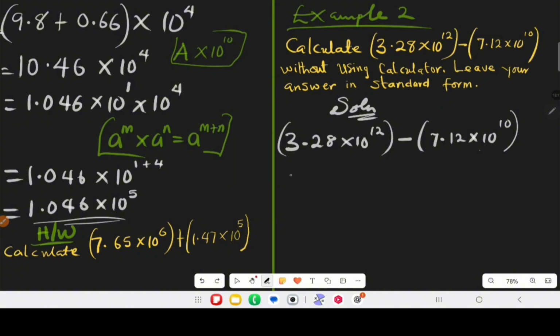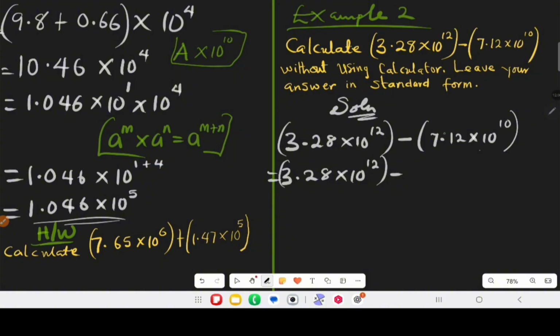We continue by writing 3.28 times 10 raised to the power of 12 minus. To make 10 raised to the power of 10 to be 10 raised to the power of 12, we have to move the decimal from right to left 2 times to meet up with 12.